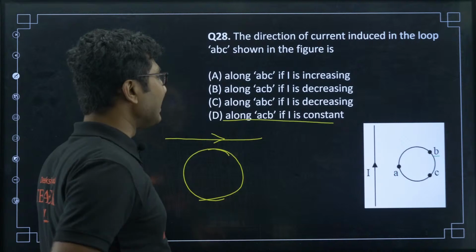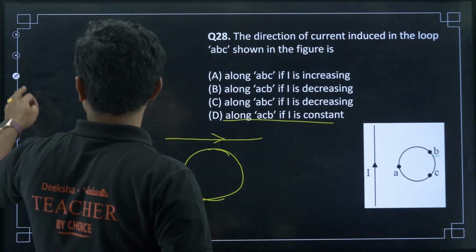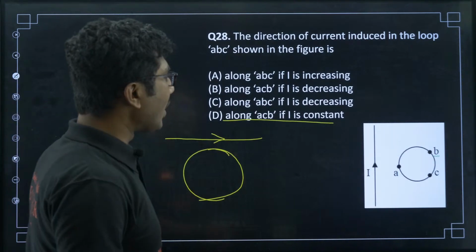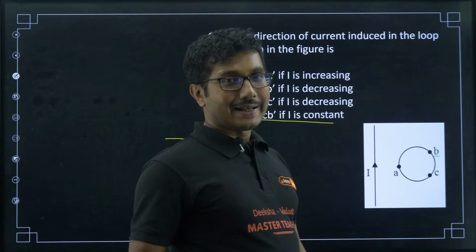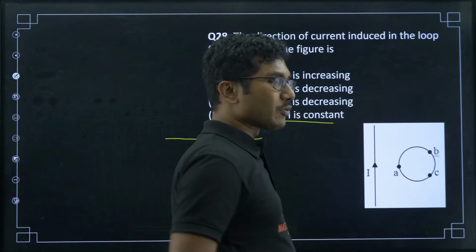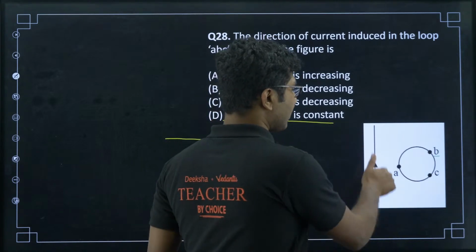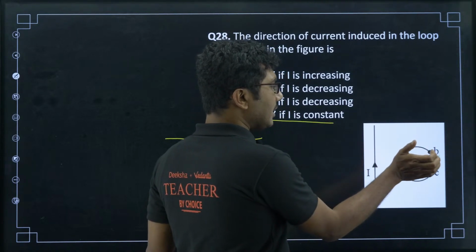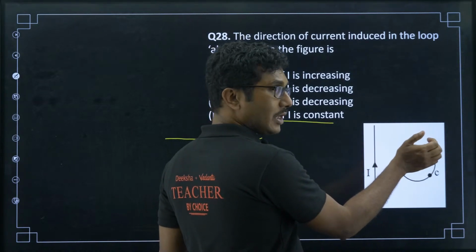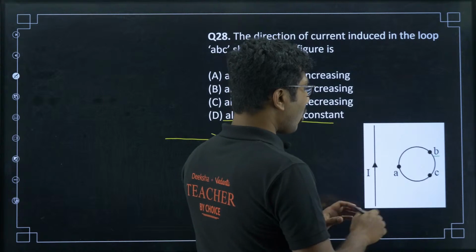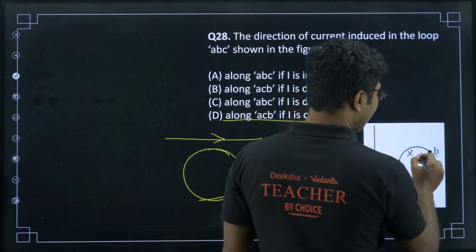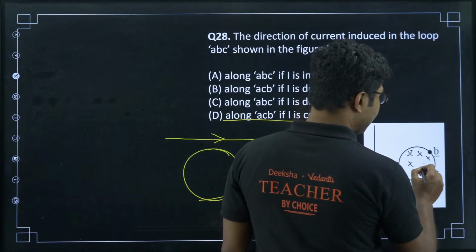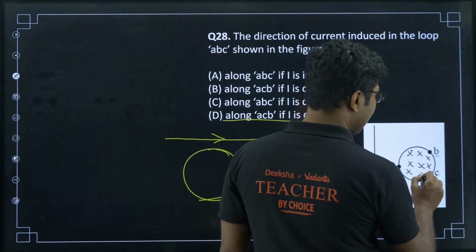This is one of the trickiest questions. First of all, you have to understand the direction of the magnetic field. Suppose the current is constant in this wire. Curl your finger, so the fingers will point into the coil, right? So all the magnetic field is into the page. This is the default magnetic field.